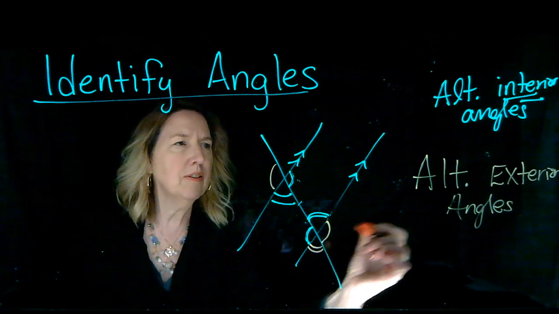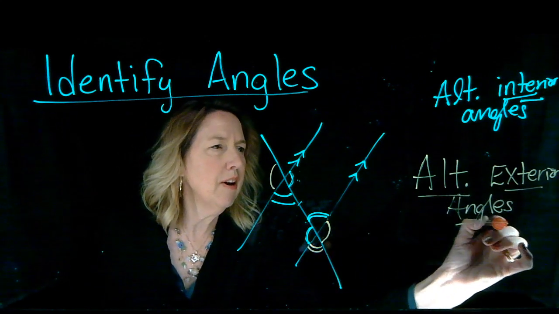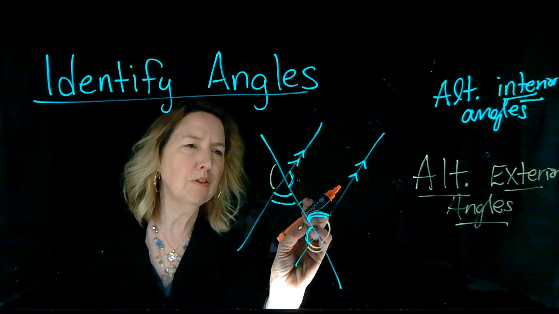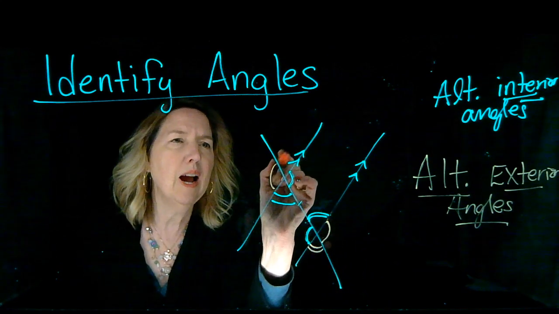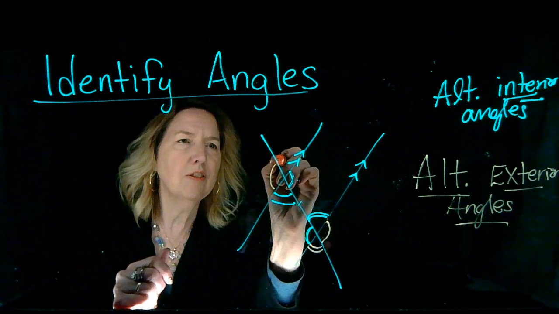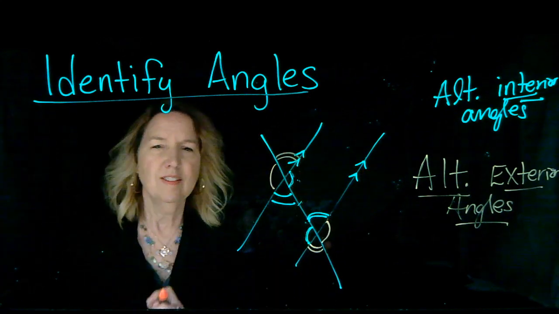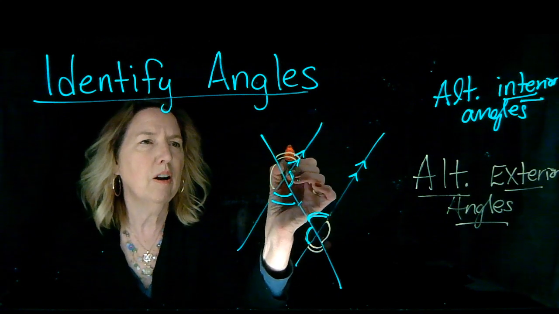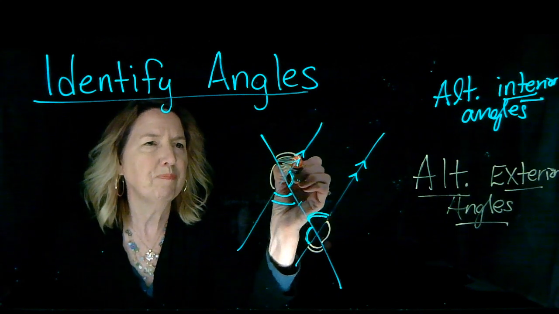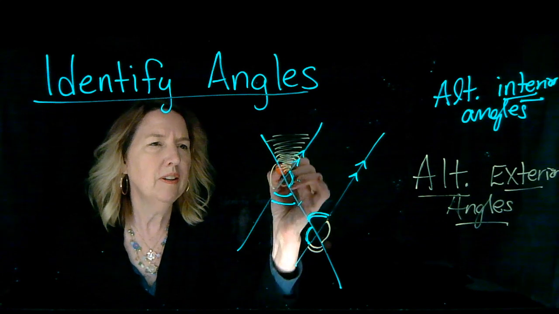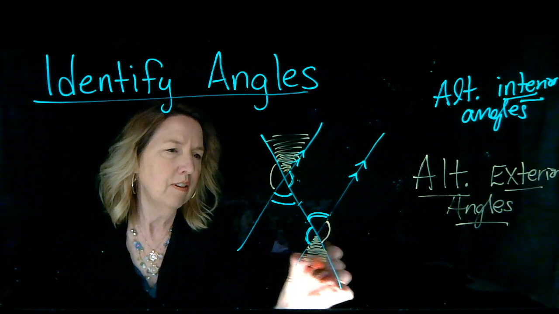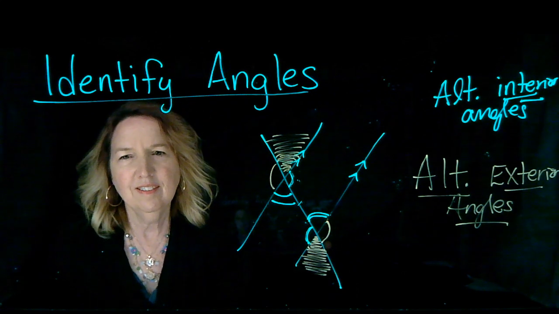And where's its alternate exterior angle partner, if you will? Well, you go across the transversal, but over here to the outside, the exterior. Okay. Just to make that really clear, I want to shade that in so you can see it. This one is alternating and exterior with this one.